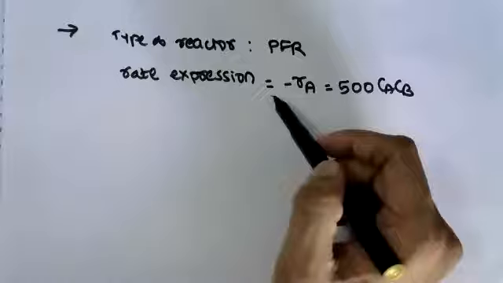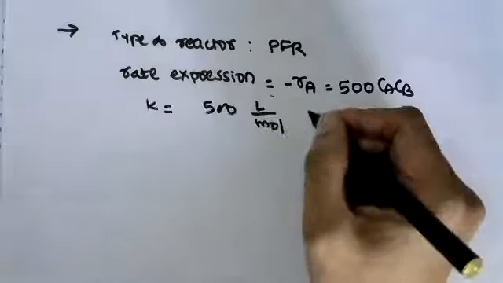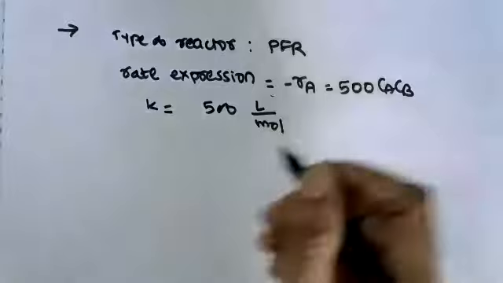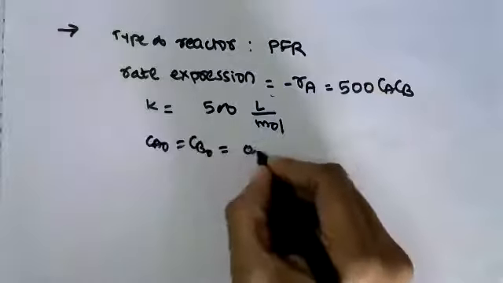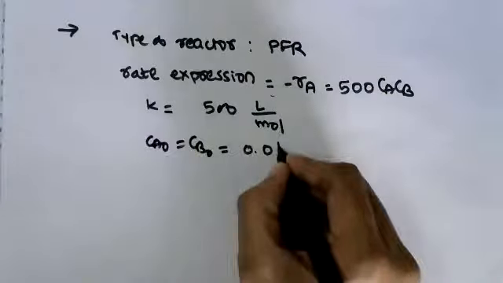The value of k is given as 500 liter per mole per minute. Ca0 is equal to Cb0 is equal to 0.01 mole per liter.